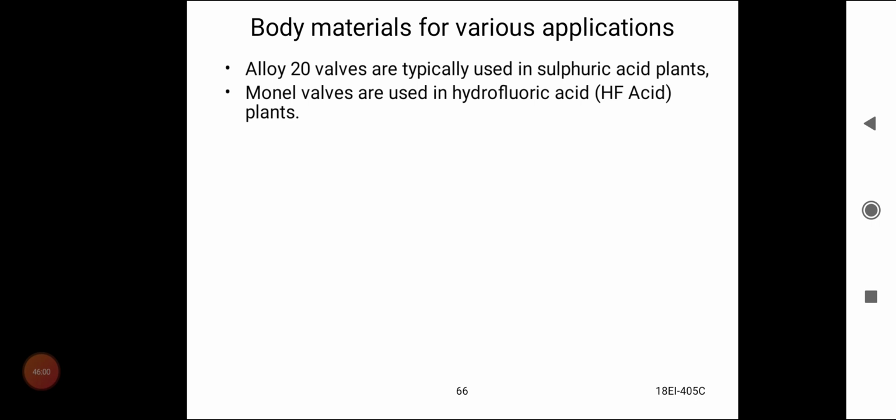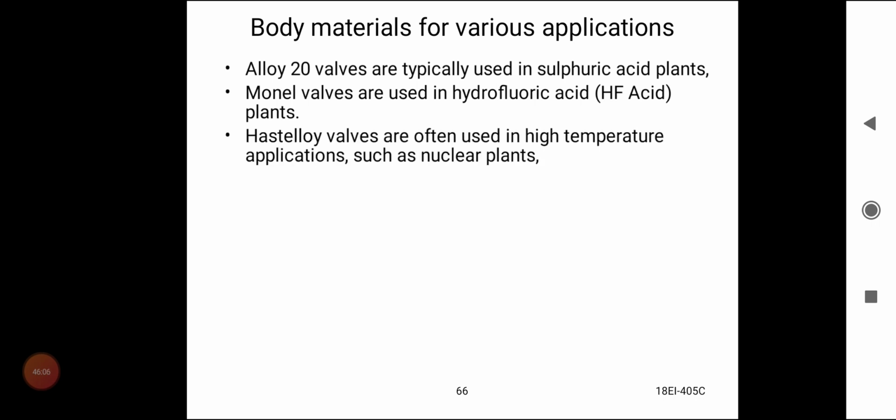Monel valves are used in hydrofluoric acid plants. Hastelloy valves are often used in high temperature applications such as nuclear plants. Inconel valves are often used in hydrogen applications.